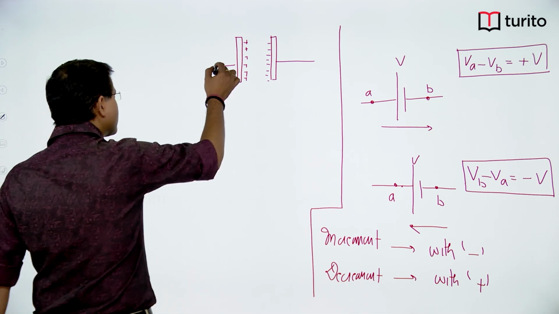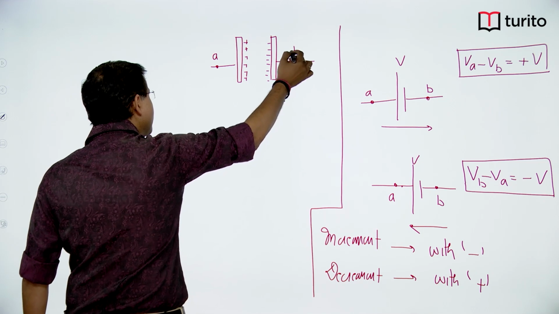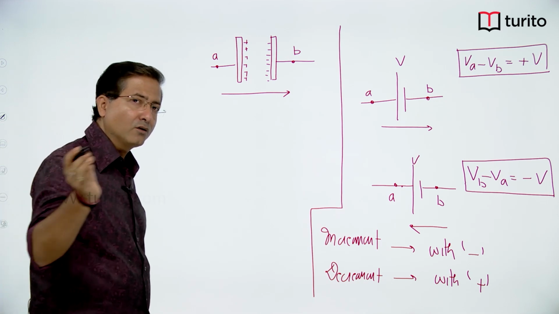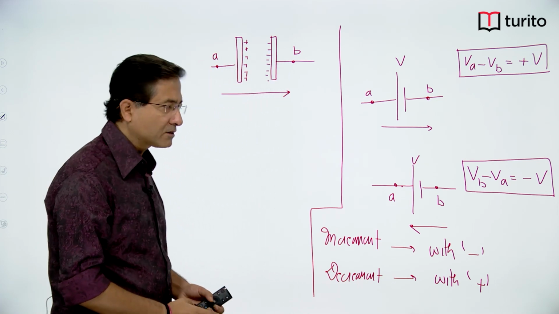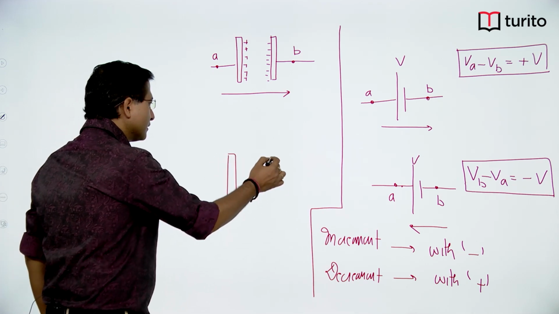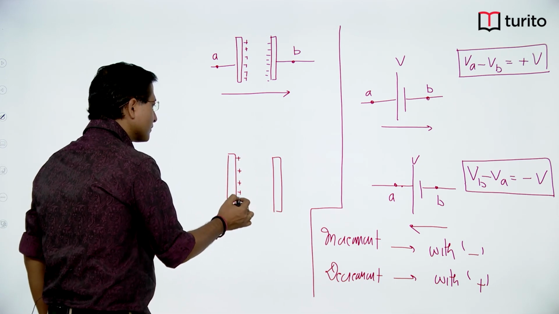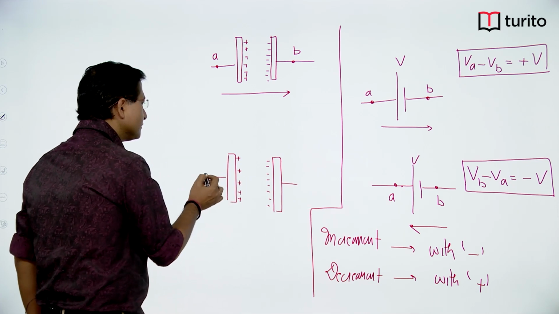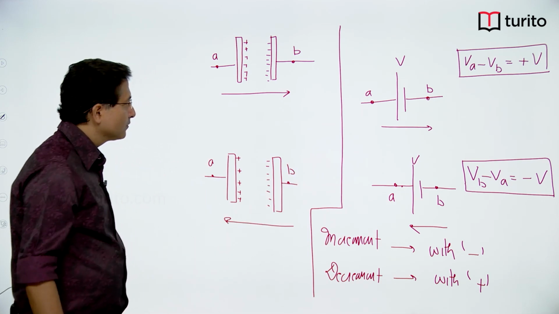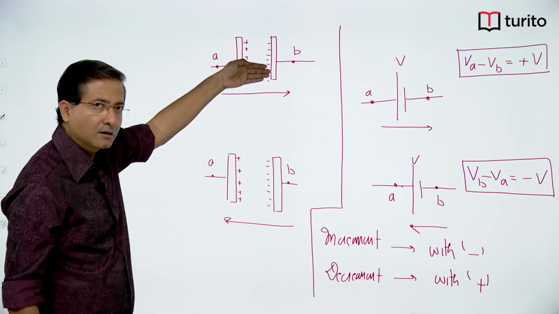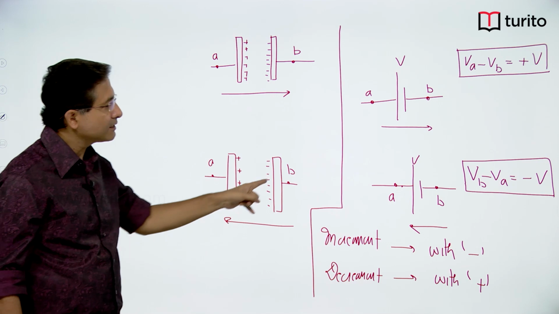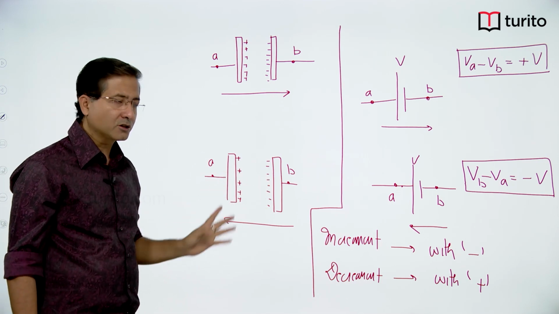Now, there are again two ways, A, B. I may cross the capacitor this way, that means I am moving from positive plate to negative plate, or I may be crossing the capacitor this way, that means I am moving from negative plate to positive plate, right.